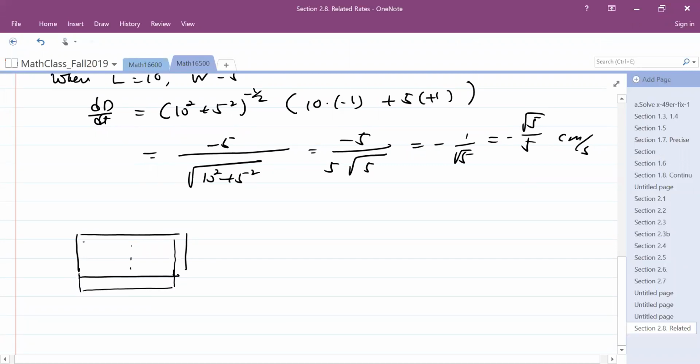Okay, so this diagonal is going to be shorter than the other diagonal. So the length of the diagonal is decreasing. But the area is increasing.